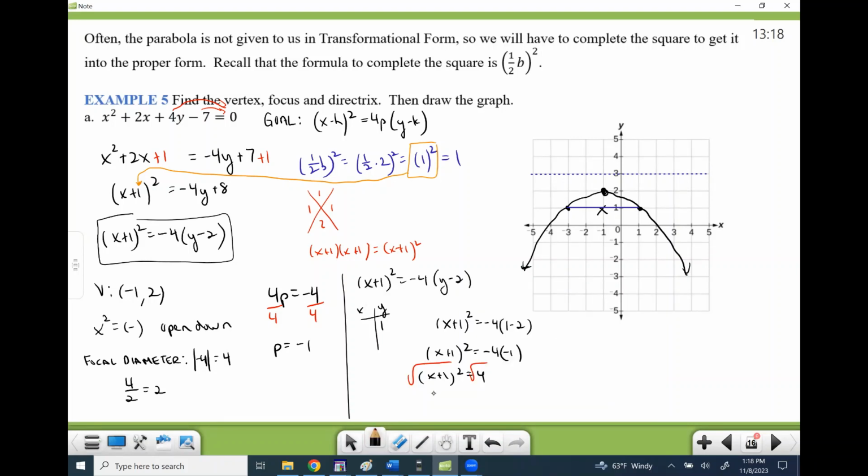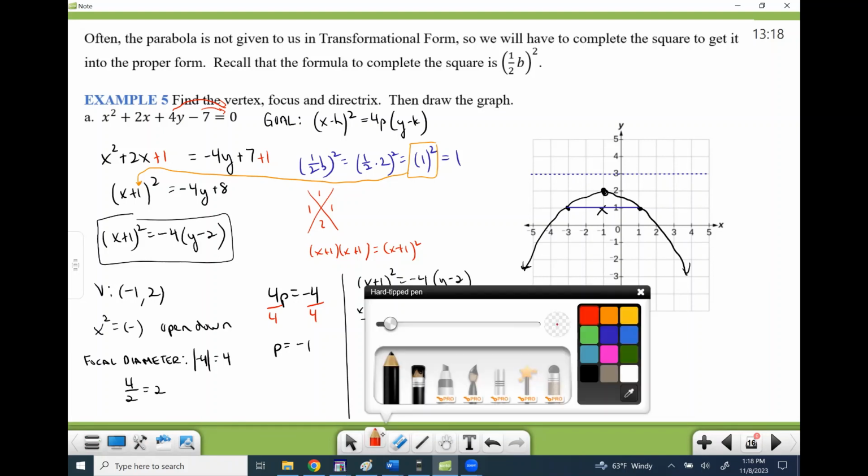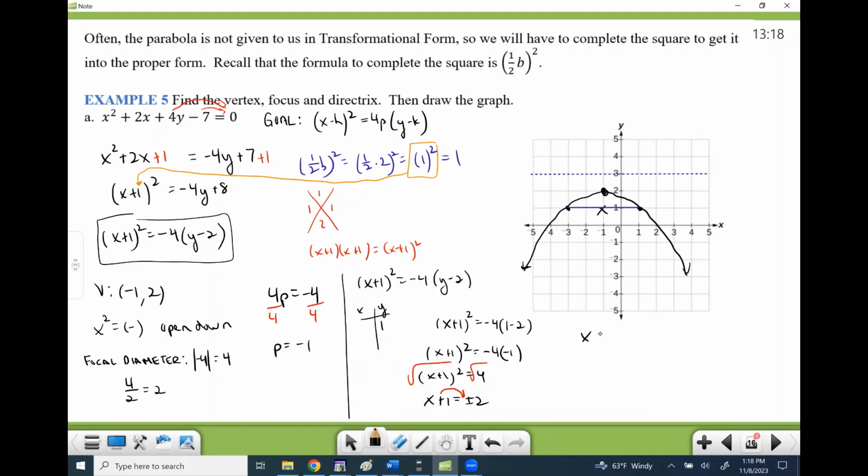So we've got x plus 1 equals plus or minus 2. So we'll move that 1 over to the other side, making it a negative. So we got x equals -1 plus or minus 2. -1 plus 2 is 1. And then -1 minus 2 is -3.